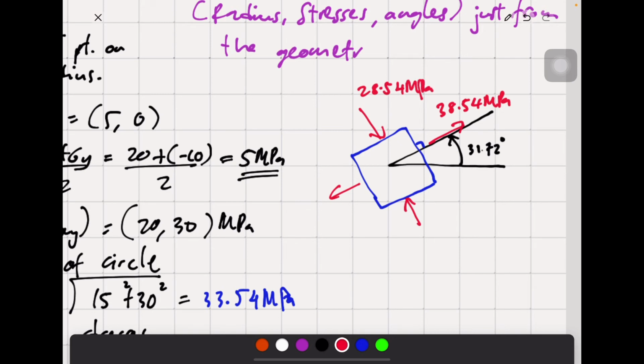For this particular example, we have this value, and you will notice that we have another angle coming from this angle, which I'm going to denote as theta p2.